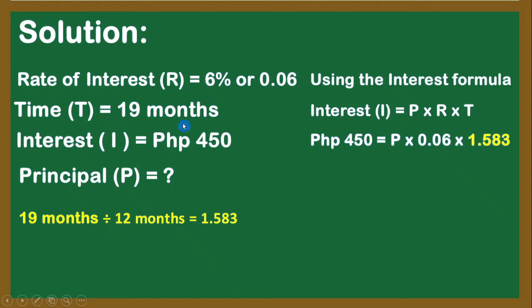So 19 months is now converted in terms of years. Then in the equation, we take the product of the rate 0.06 by 1.583. Then we have 0.095. Then the equation will be 450 pesos equals P times 0.095.